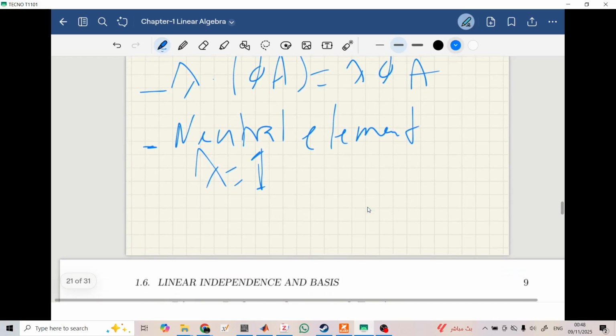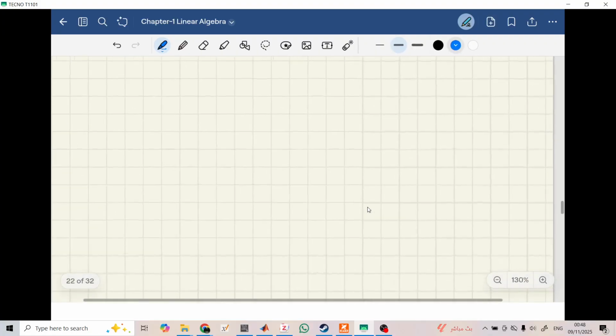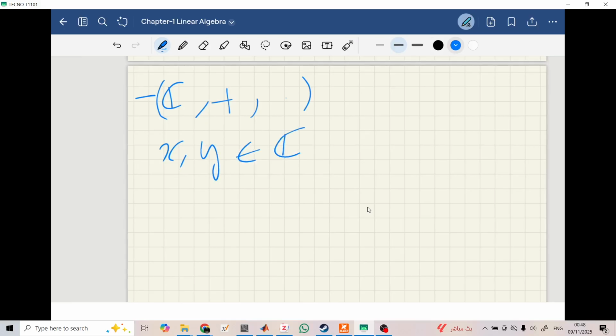Let's look at the last case, which is the complex numbers, C. So let's say we have x and y that belong to C. Let's say x equals a plus jb and y equals c plus jd.